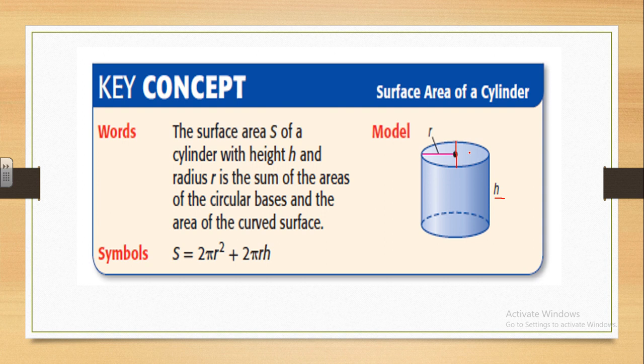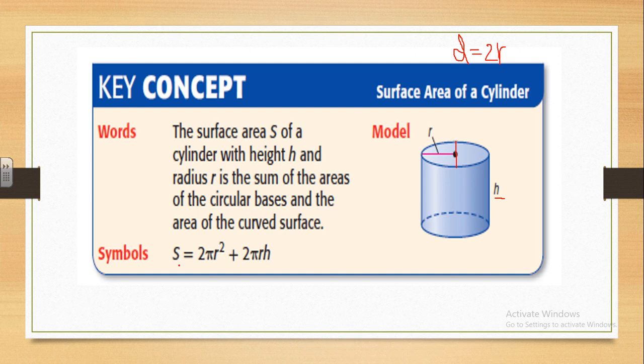The diameter is equal to 2 radius. So if I give you the diameter and you want to get the radius, you will do it like this: radius equals diameter divided by 2.